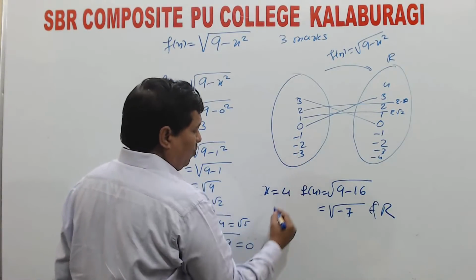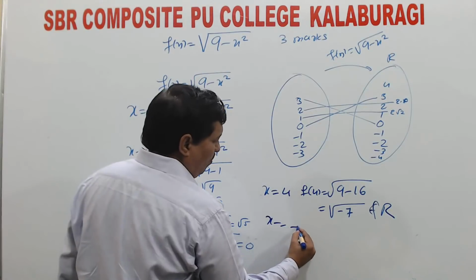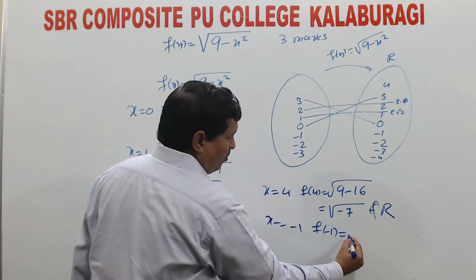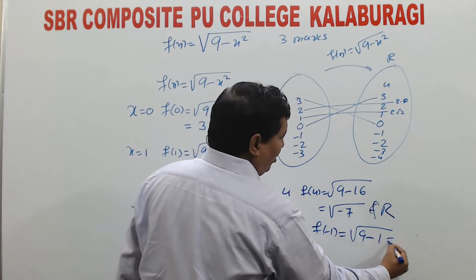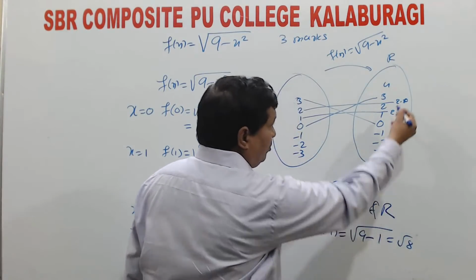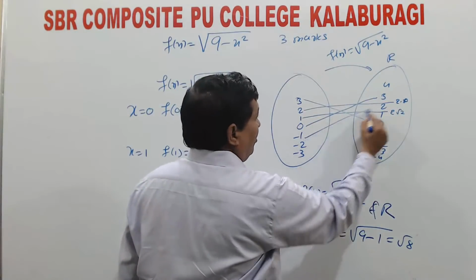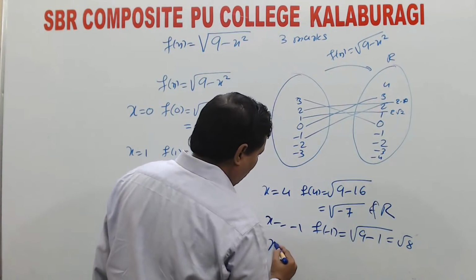Similarly, if you take x equal to minus 1, f of minus 1 equal to what? Root of 9 minus 1 square is again root 8, which is 2 root 2. Next, x equal to minus 2.